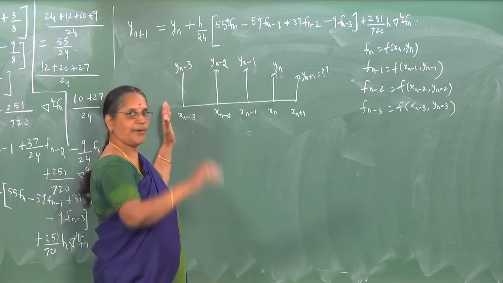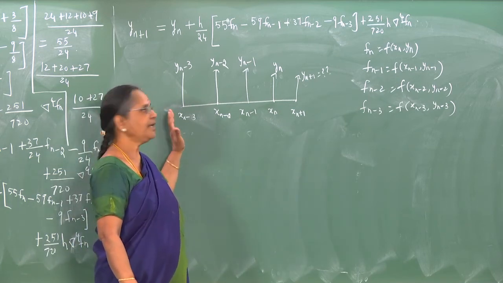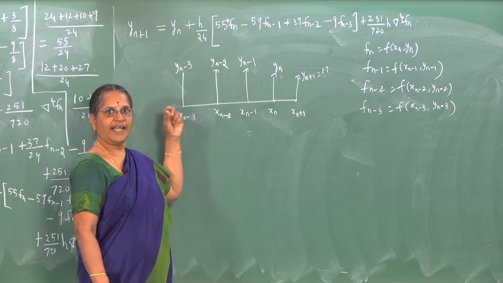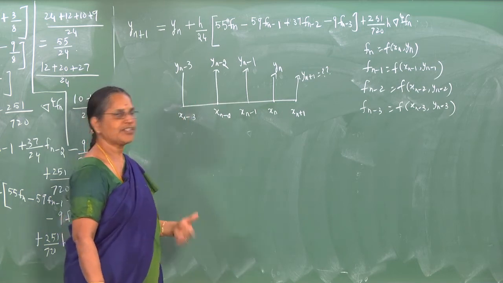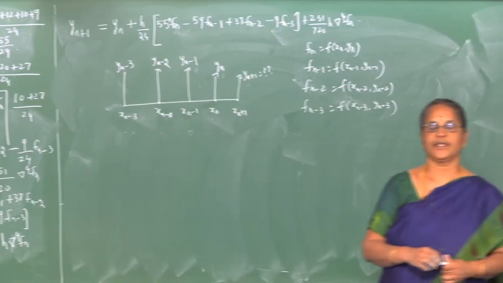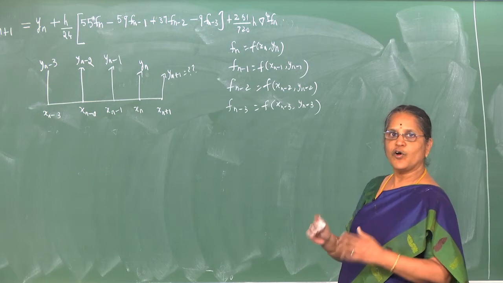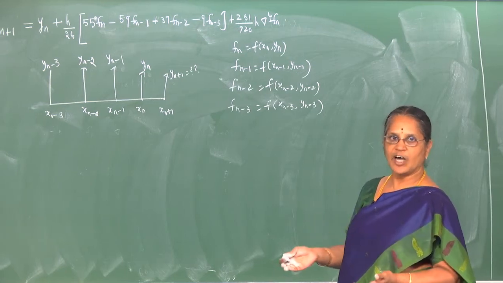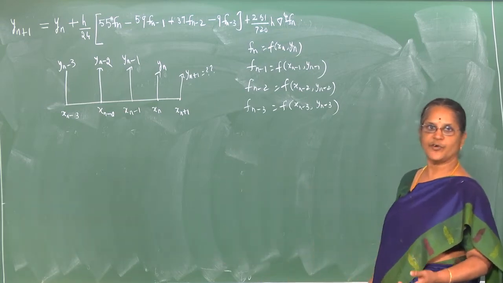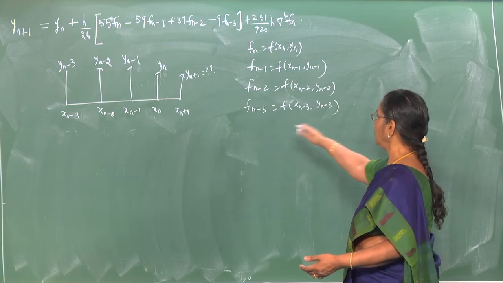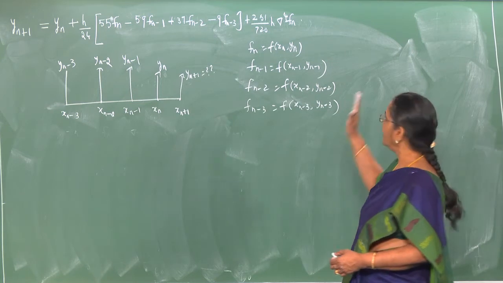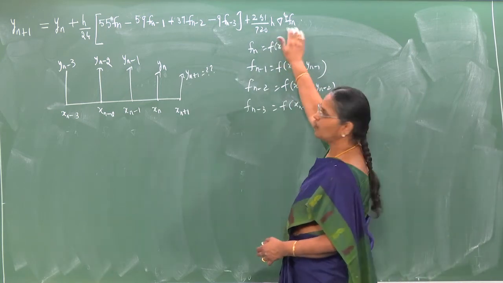You have approximated that function f of x comma y by a polynomial passing through these 5 points xi, yi, such that this will be a 4th degree polynomial, and hence the 4th order backward difference is constant, and the 5th and the higher order backward differences are all 0, and that is why you truncated your Newton backward interpolation polynomial at the term which contained del power 4 fn.